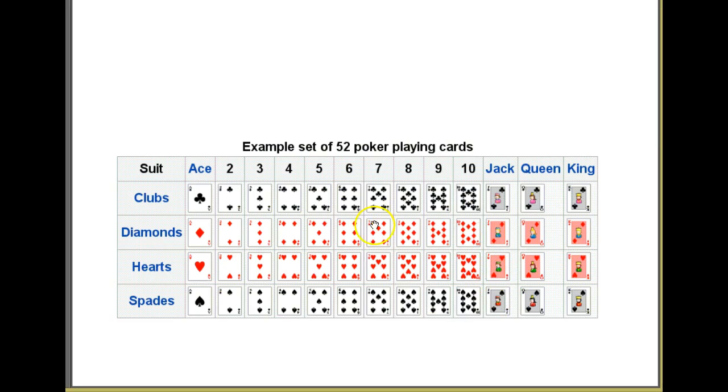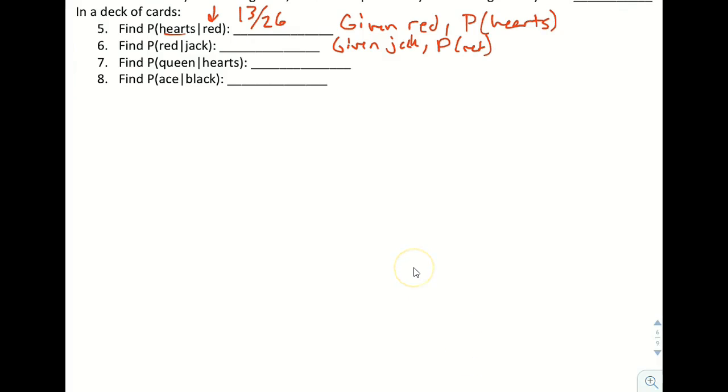I don't ask you how many total red cards there are, because there's 26 of those. I only ask you, given that there's a Jack, there are 2 red cards out of 4 Jacks. So for red, it is not 26. It is 2 red Jacks out of 4 total Jacks. That's why these are a little bit tricky.